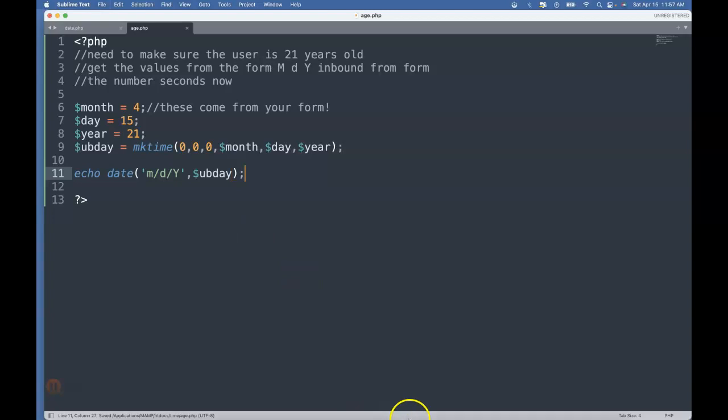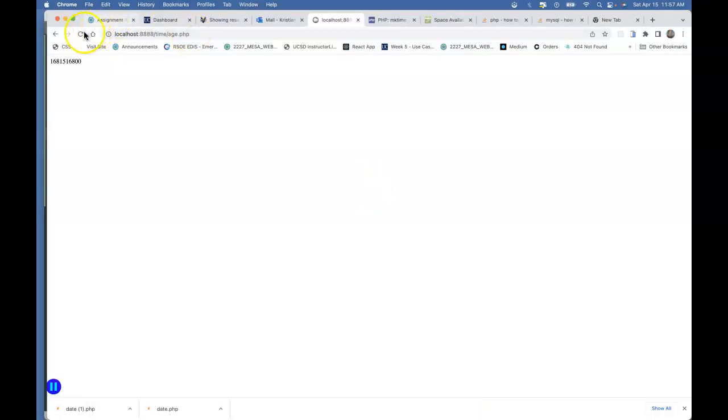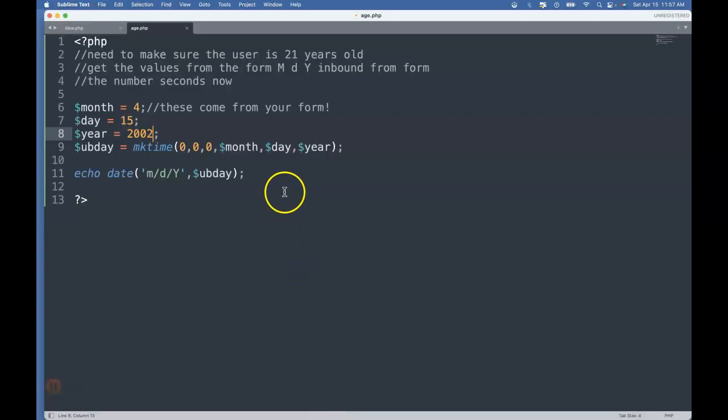Now when we echo that, it should say 2002, because we went 21 years ago. There's our birthday. But what we're not concerned about is the formatting of the date.